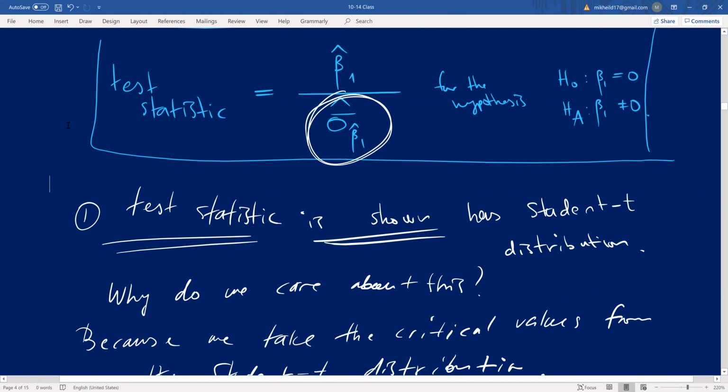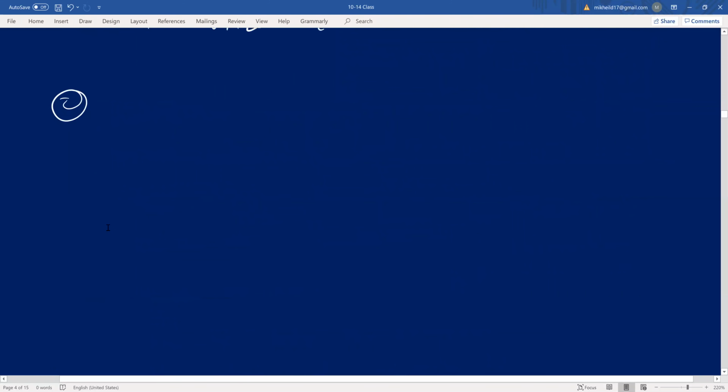This test statistic, guys, do you see that I circled sigma hat of beta hat 1, right? I did circle that for a reason. The value of sigma hat of beta hat 1 depends on the assumption about the disturbance term. Let me write it here.